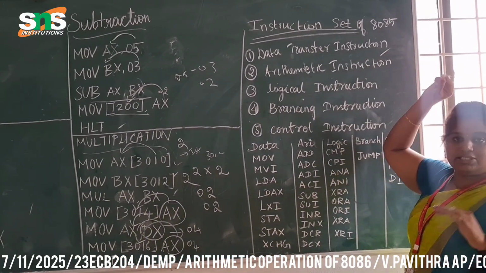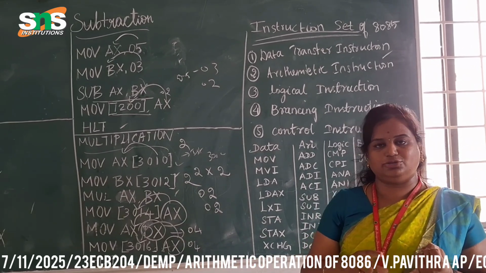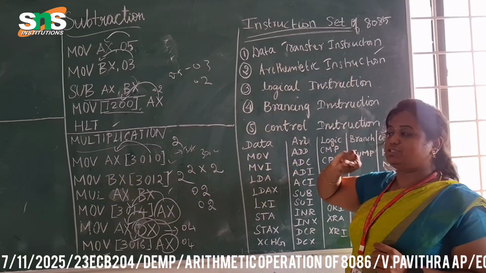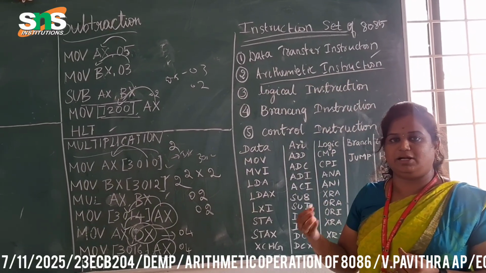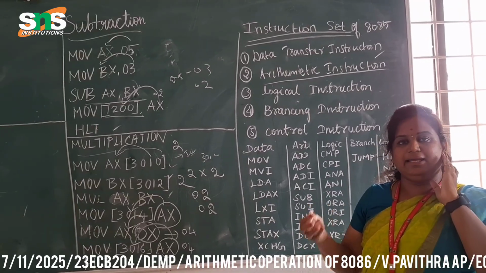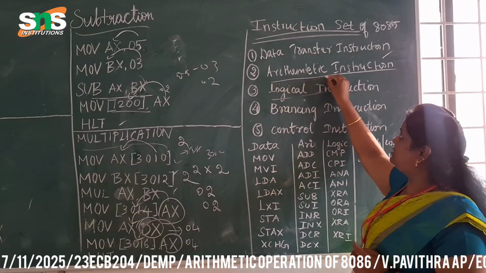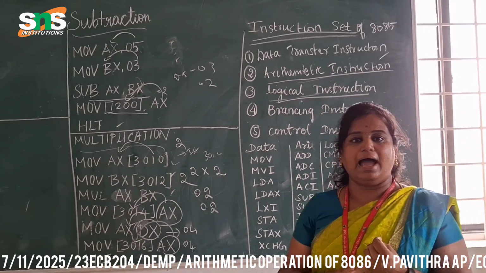Data transfer instructions are for transferring data: store, move, load. Arithmetic you know very well: addition, subtraction, multiplication and division, increment, decrement. These are all arithmetic instructions. The third one is logical instruction, which you also know very well: AND, OR, NOT.